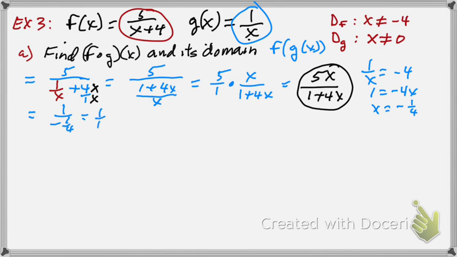I keep, change, flip. That means my output from g, if I sent g a -1/4, is -4 back. If I send that -4 up to the red circle, f, I'm going to get a 0 denominator, which breaks the whole system.